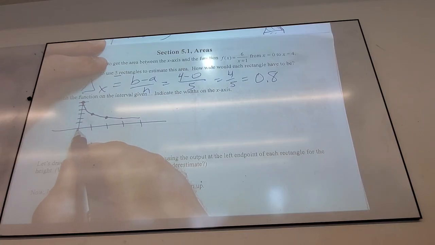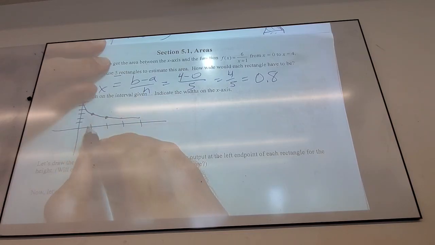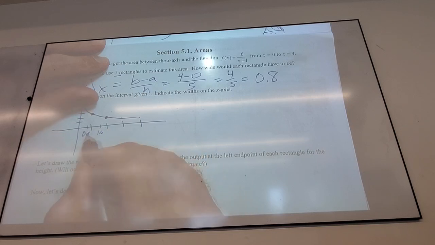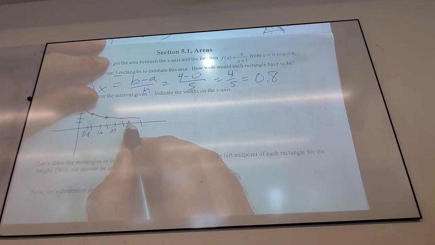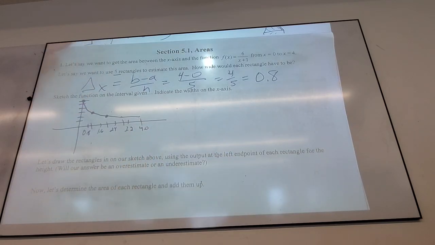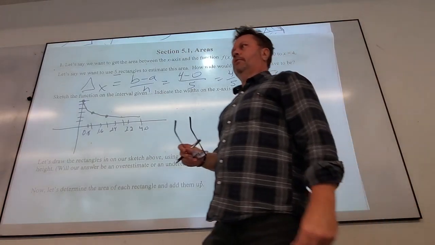The first rectangle is going to go from 0 to 0.8. And then from 0.8 to 1.6. And then from 1.6 to 2.4. Good. And then from 2.4 to 3.2. And then from 3.2 to 4.